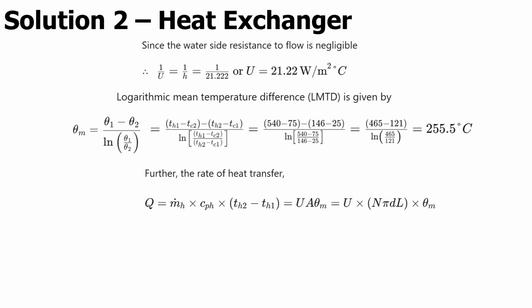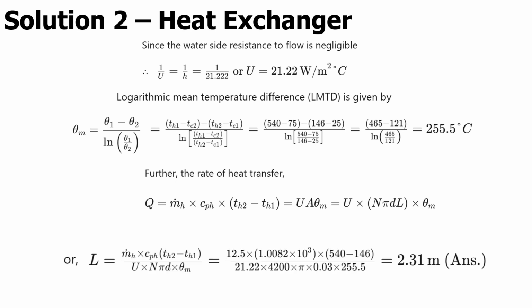And then rearranging to solve for L, we get L equals the formula that is shown there. And once we plug in the values and perform the calculations, we get L to be approximately equal to 2.31 meters. And this is our final answer.